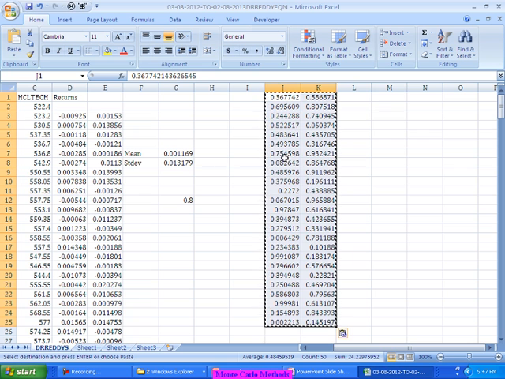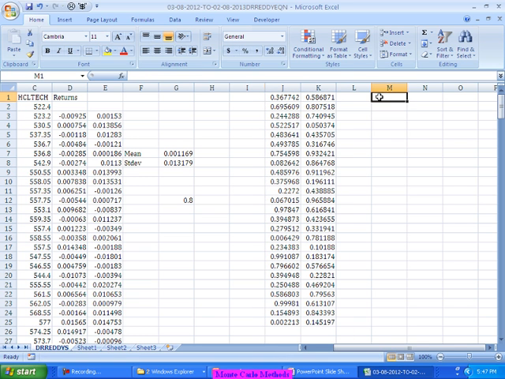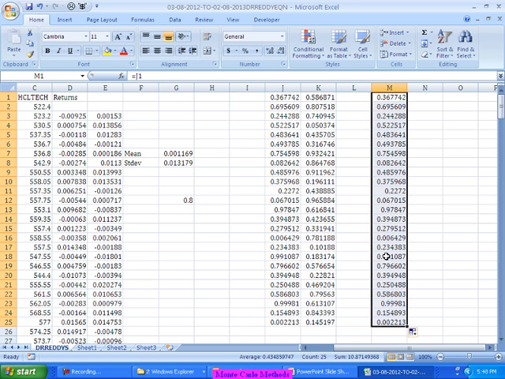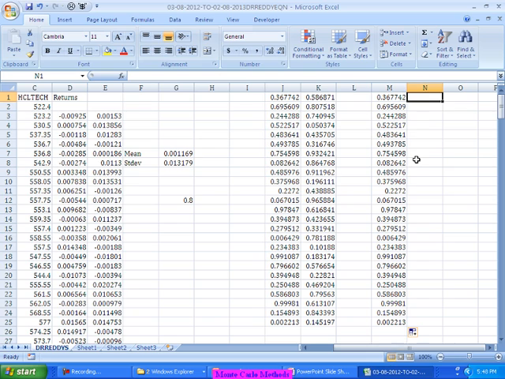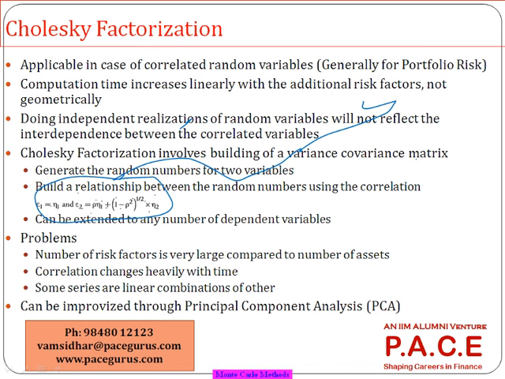Now you generate two new random numbers where the first one is the same as what was generated, but the second one incorporates the correlation part. How do I incorporate it? You give the correlation weightage to the first one.